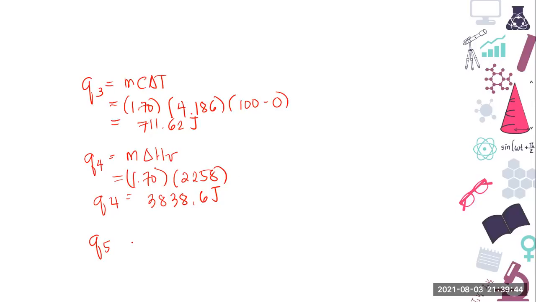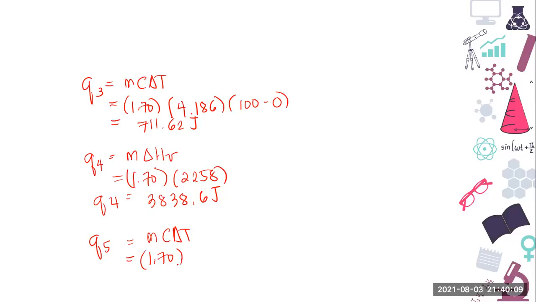And finally, for Q5, it's already steam at this point, but I have to bring it to 105 degrees Celsius. So that is again an MC delta T. Remember, those are like checkpoints, words that you can remember: bring it to a temperature of, you have to increase the temperature to, you have to bring the temperature down to. So you can really see that there are changes in temperature. So this is an MC delta T, so that's 1.7.